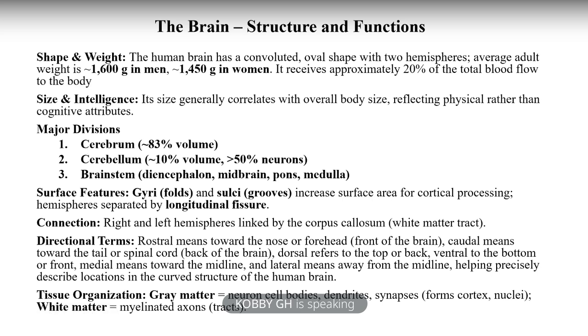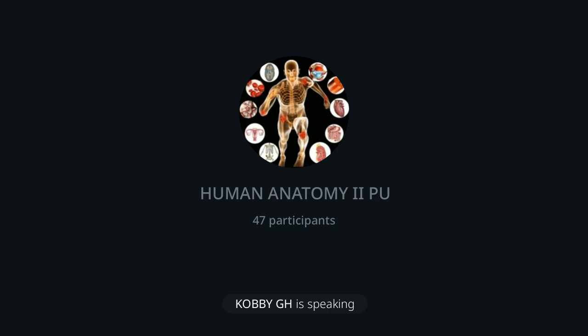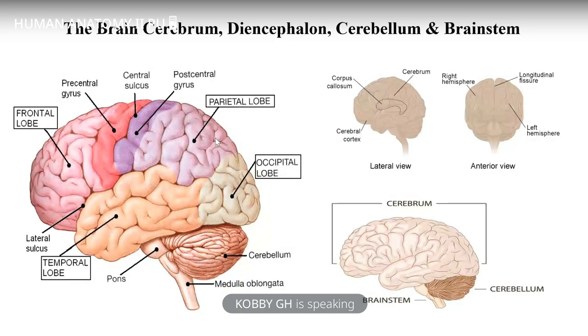So let's go to the diagram. You see this portion of the brain that I'm circling with the mouse cursor. This portion is what we call the cerebrum. These are the main divisions of the brain: the cerebrum, the cerebellum, and then the brain stem.